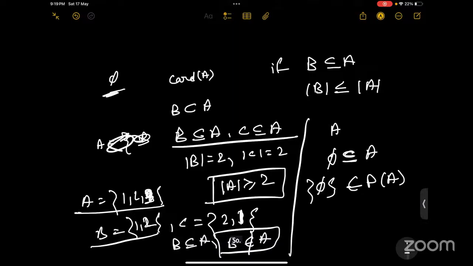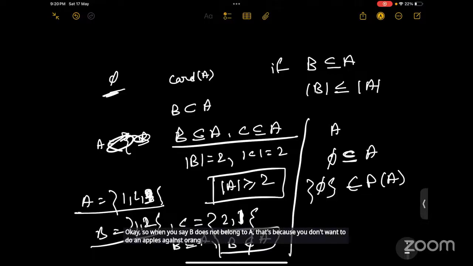So are you saying it is because B is actually a set? Yes, B is actually a set, and phi is also a set. Okay. When you say phi, you mean the symbol for an empty set? Yeah. Okay. So when you say B does not belong to A, that's because you don't want to do an apples against oranges comparison. Yeah. B is a set.